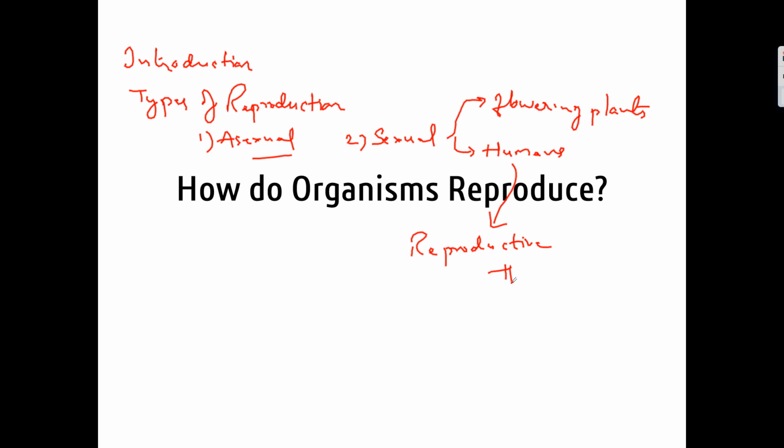In this part we are going to talk about some issues prevailing in society like overpopulation and sexually transmitted diseases and many other aspects. With this, let me move on to the introduction part of this chapter.